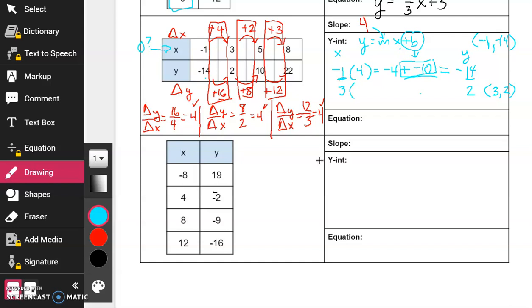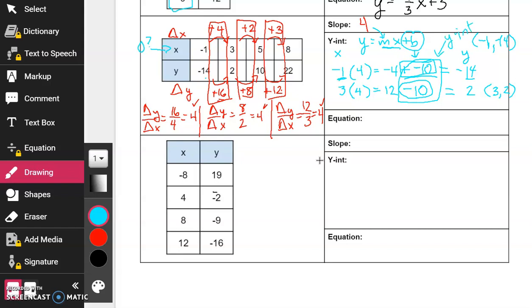If I multiply x times 4, I get 12. So 3 times 4, that's the mx part. But 12 isn't 2. So I have to subtract 10. Now that gets me to the 2. This -10, that's your y-intercept.